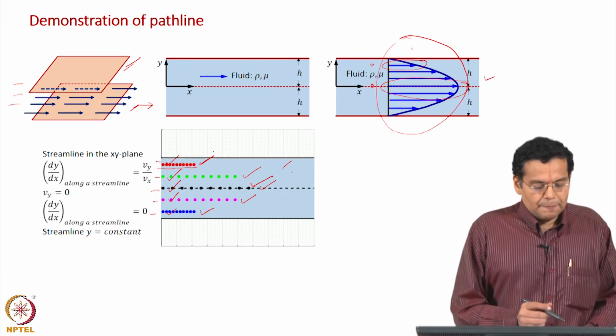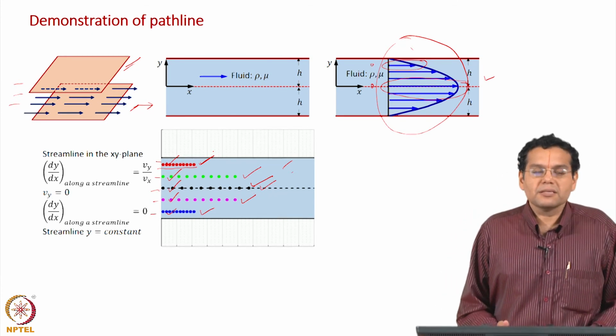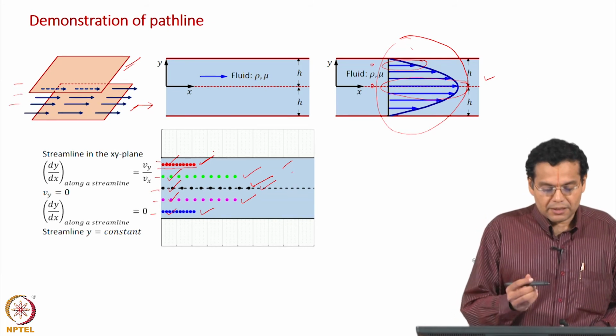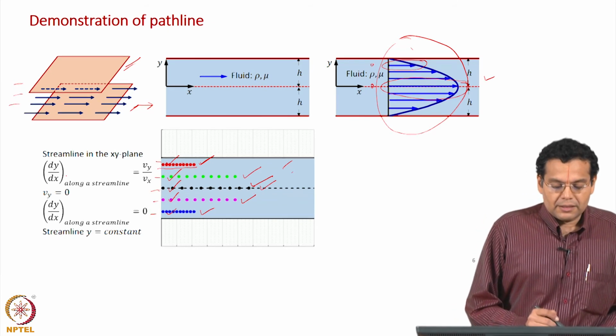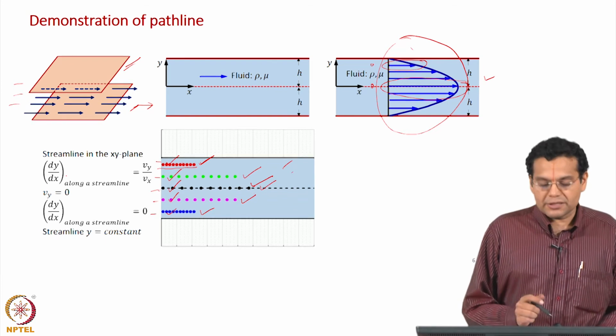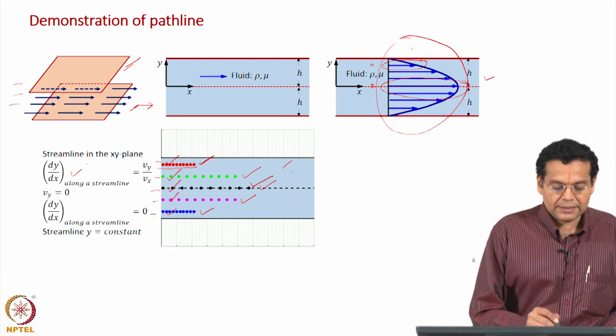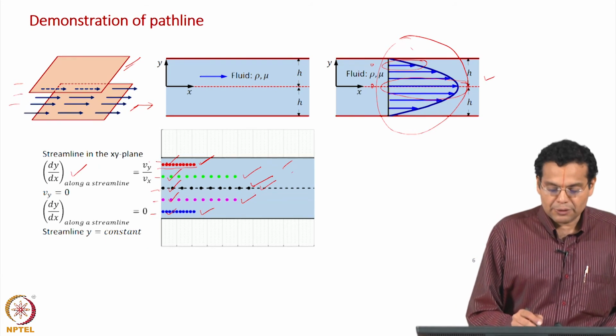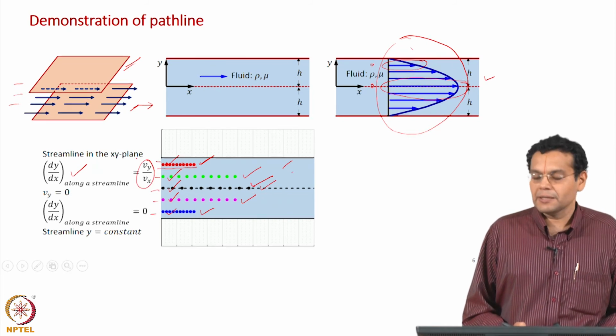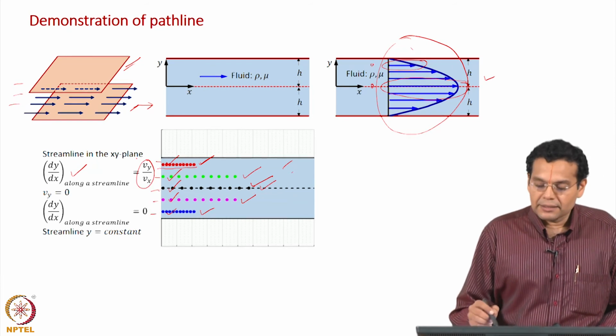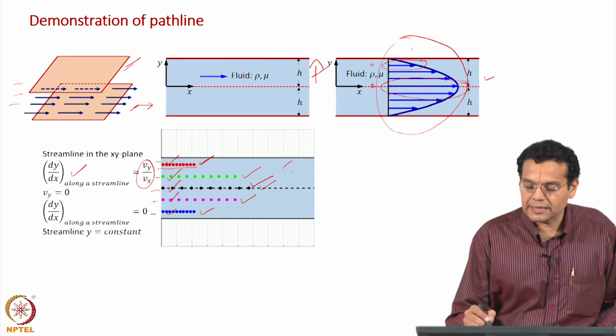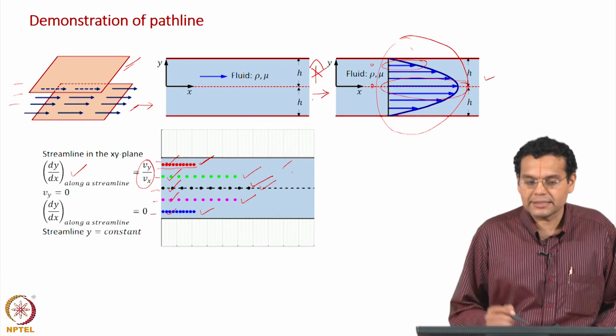Now, how does it compare with the streamline? Remember the mathematical representation of streamline. We said dy by dx along a streamline is equal to Vy by Vx. In this particular case, there is no flow in this direction, there is flow only in the x direction.